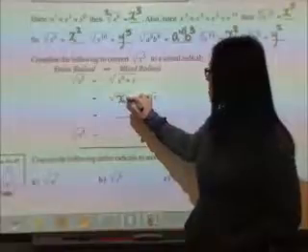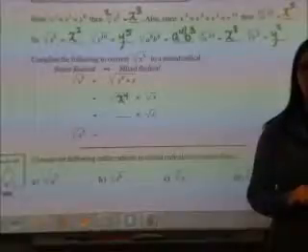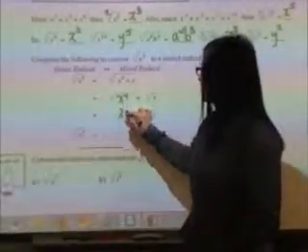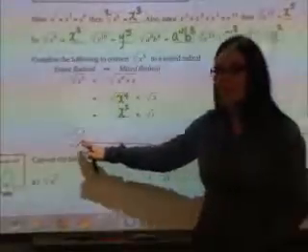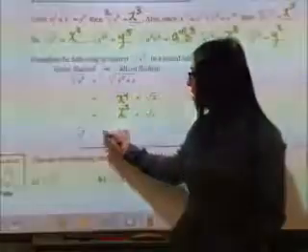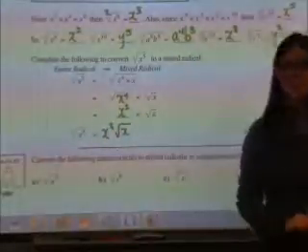But now I have the square root of x to the power of 4. What is the square root of x to the power of 4? X to the power 2. And then I'll still have this x underneath the radical sign. So I can say that x to the power of 5 is the same thing as x squared times the square root of x.